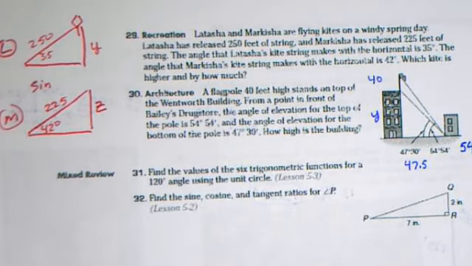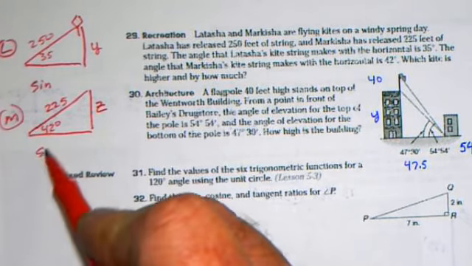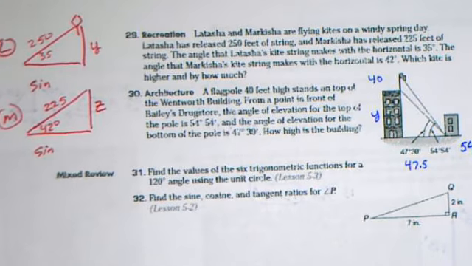And we have another sine problem for her. So we solve both those sine problems. Latasha's is going to be sine 35 is equal to Y over 250. Markeisha's is going to be sine 42 is equal to Z over 225.